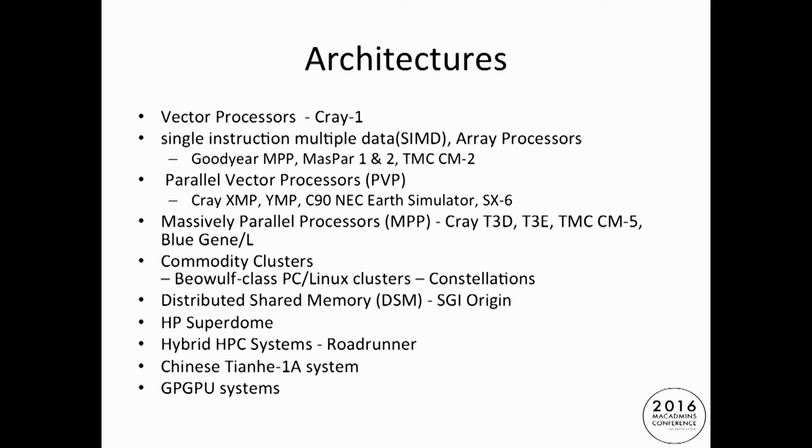So the architectures you're looking at here, you see a name, BlueGene/L, commodity clusters, Beowulf class. Anybody put together a Beowulf cluster running Oscar or what's the other one? Yeah, Rocks. I use Rocks, and I've used Oscar. Those are useful tools.